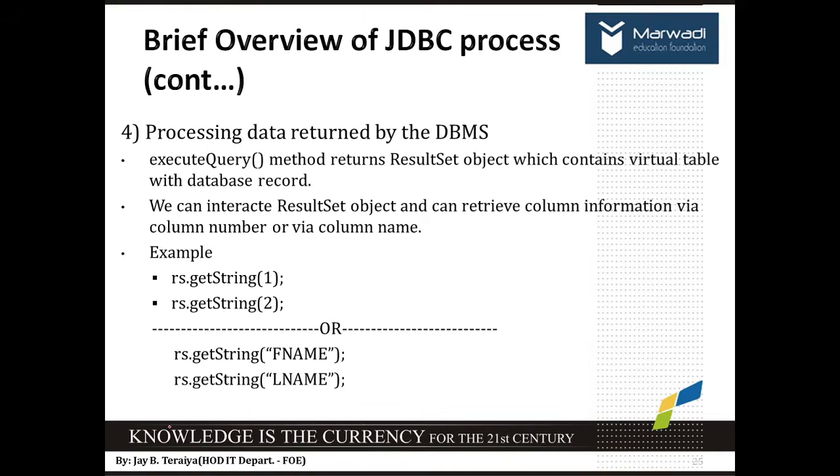Now suppose you have fired a select query, and you have a particular result set, which is kind of a virtual table. What you can do is use the rs.next method to move to the first record, then using rs.getString for column 1, getString for column 2, you can retrieve all the data.